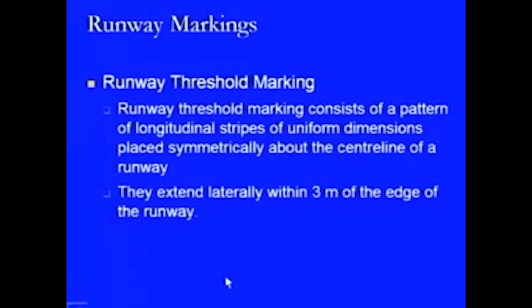So, that is how they are located. On the basis of this specification, the number of strips to be provided for threshold marking will be computed based on the width of each marking as well as the clear gap between those markings.